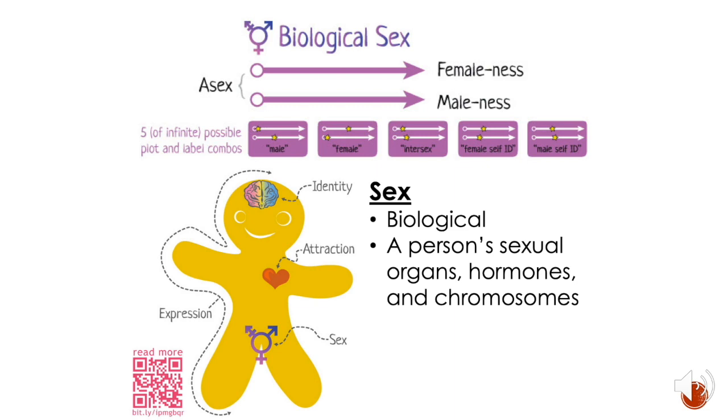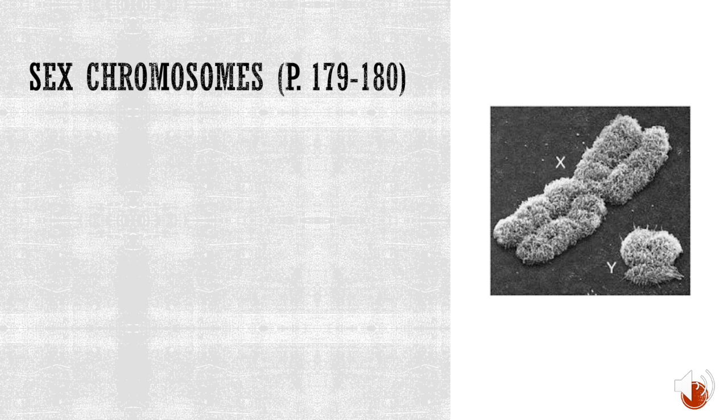So let's talk a little bit about how DNA determines sex. In your book on pages 179 and 180, it talks about sex chromosomes. It's going to give you a little more information than I'm going to give you. But basically, what it boils down to is that your sex chromosomes determine your sexual characteristics.